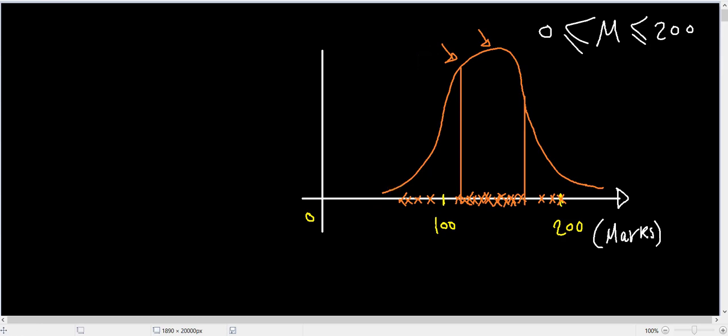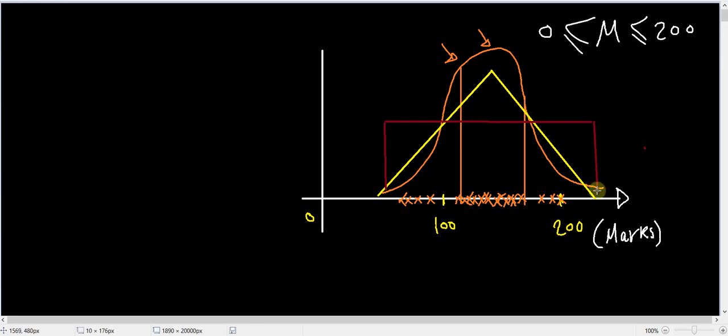You might also want to choose, for example, some triangular probability density function just like that, or maybe some other uniform probability density function, maybe like that, or whatever, depending on your understanding of your actual problem.